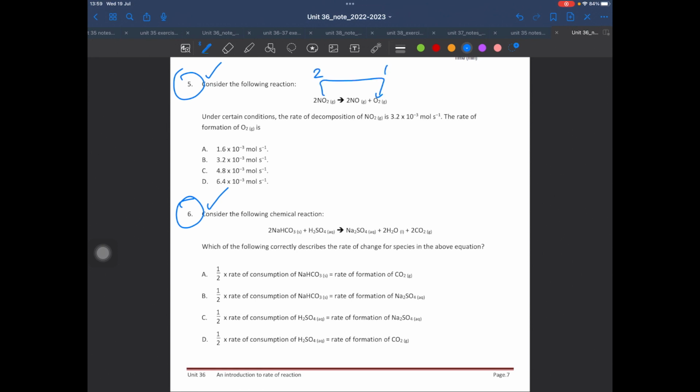Well, you can see decomposition means consuming, right? Consuming of NO2 is this one. So what about the formation of O2? They have a ratio of 2 to 1. Now first ask yourself, will the formation of O2 be faster or slower than the consumption? Which one will have the faster rate? You need 2 NO2 to form 1 O2.